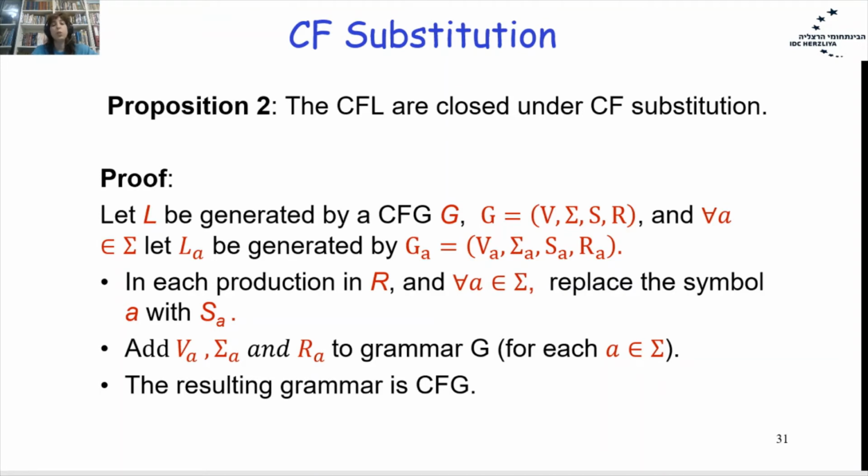Each letter A in sigma in each production rule R of the original context-free grammar can be replaced with a new variable SA, which is the starting variable of the new grammar GA.